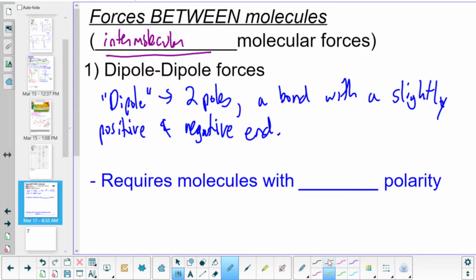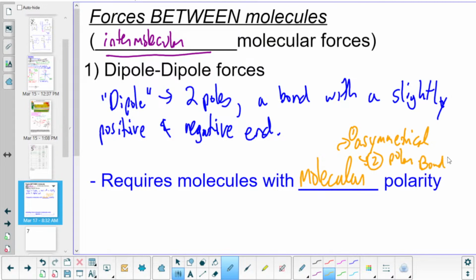We require molecules with molecular polarity, which means not just the bond, it has to be asymmetrical. And it has to have a polar bond. If you have both of those things, you will have molecular polarity.